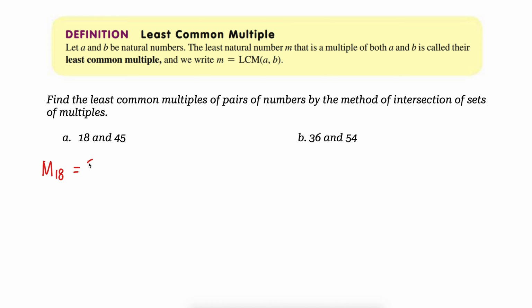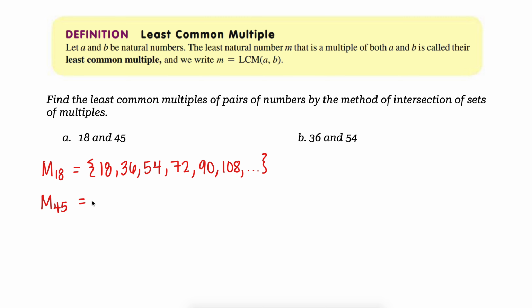So the first few multiples of 18 are going to be 18, 36, 54, 72, 90, and I'll go out one more, 108. And you could continue to list them if you needed to. We're actually not going to need to go any further.